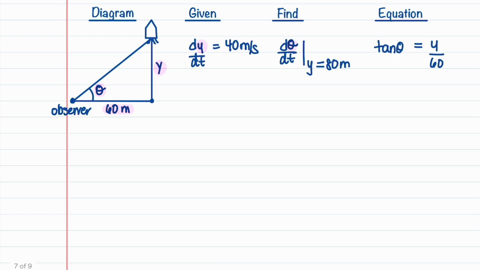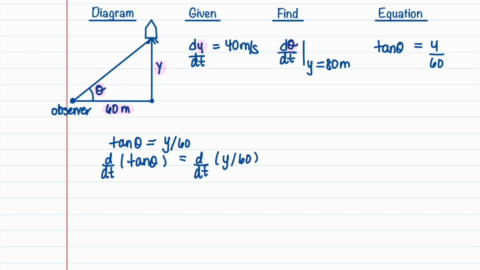Now what we're going to do is take that equation and differentiate it with respect to time. So let me go ahead and write our equation down here. Tangent theta is y over 60. And we're going to take the derivative with respect to time of both sides. So d/dt of tangent theta is d/dt of y over 60.